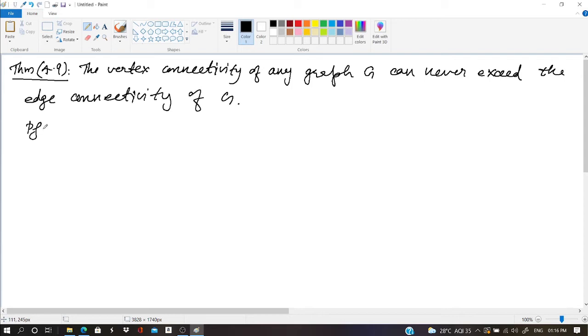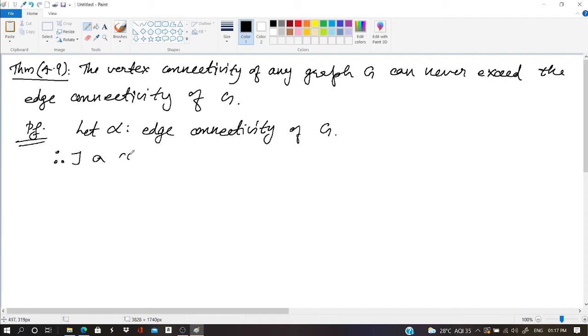Let alpha denote the edge connectivity of G. Therefore, there exists a cut set S in G with alpha edges.